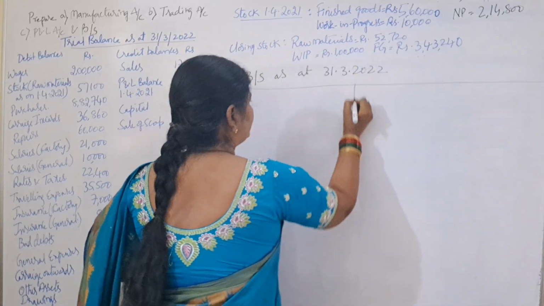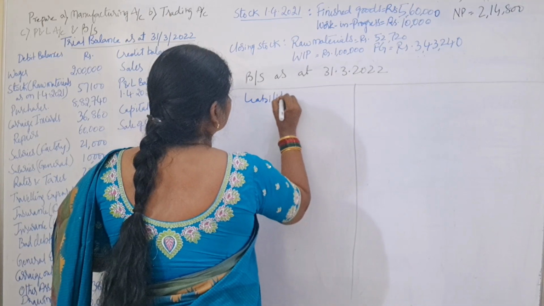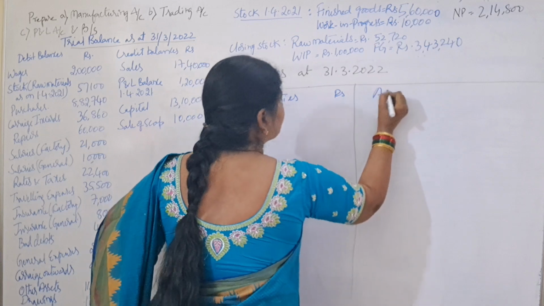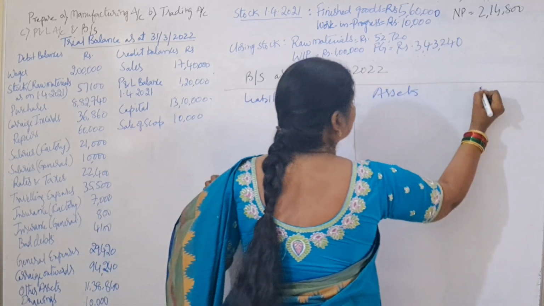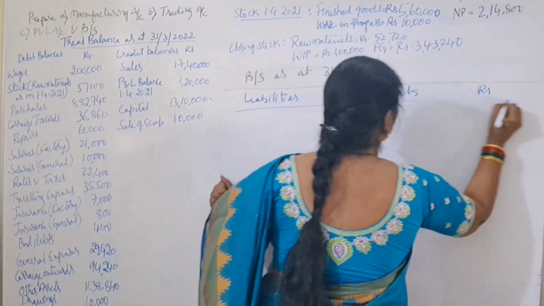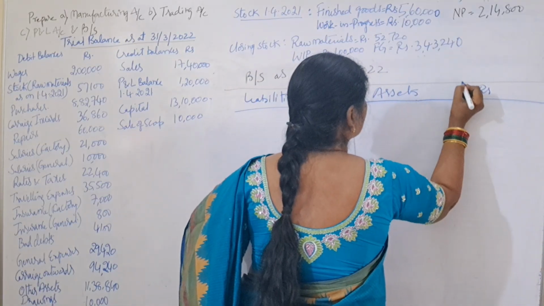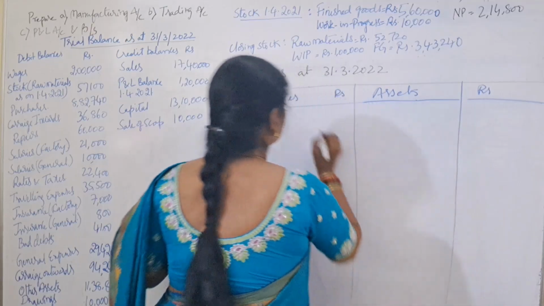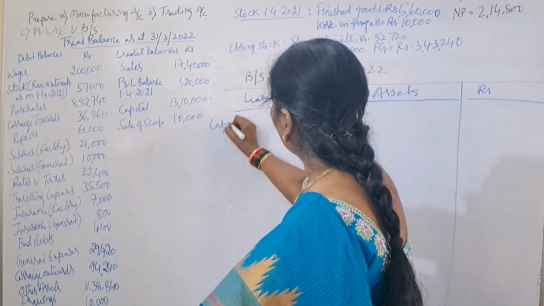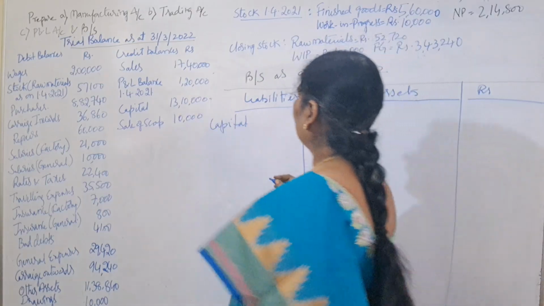We'll divide this into liabilities, assets. So on liability side, what is the first one? Capital. Capital is how much? 13,10,000.